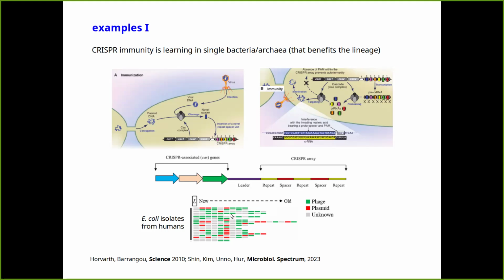So this is, I think, really amazing in terms of thinking about the way in which an individual bacterium has been able to record the experience of its lineage in terms of the phages, that is, or plasmids, which are transferable pieces of DNA that bacteria can exchange with each other.